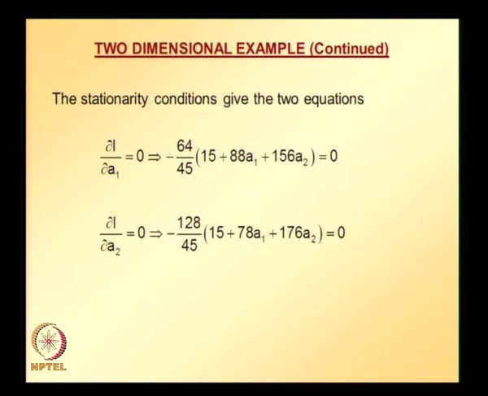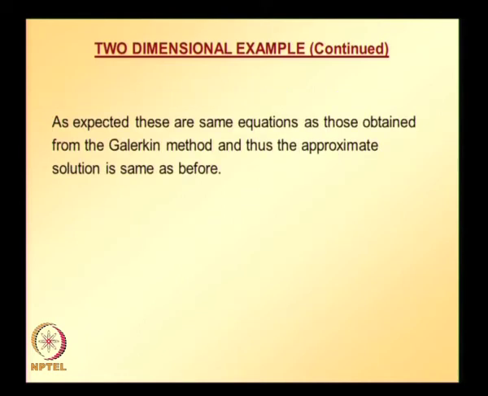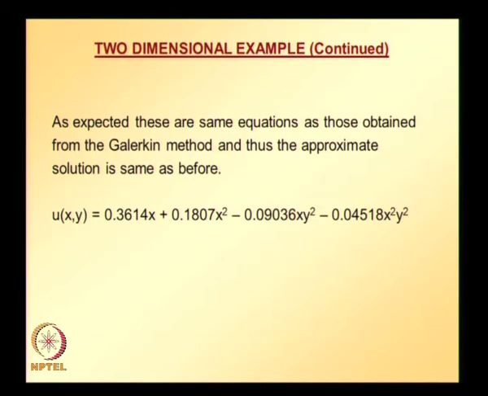So, as expected, solving these two equations, we are going to get a1 and a2, which are the same as those we obtained using the modified Galerkin method, and thus the approximate solution is the same as before. So, this is the approximate solution that we get using the Rayleigh-Ridge method.